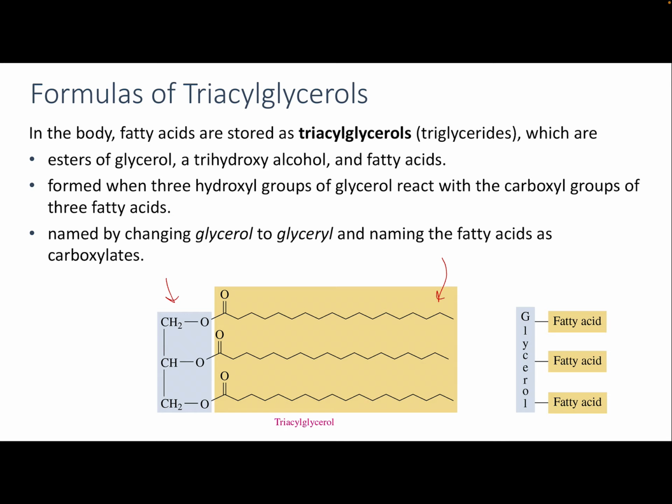When we name these, not that you'll have to, the glycerol changes to glyceryl, and if you knew the name of the fatty acid, we would change that to a carboxylate name. So this one being stearic acid would become, I can't spell, stearate.